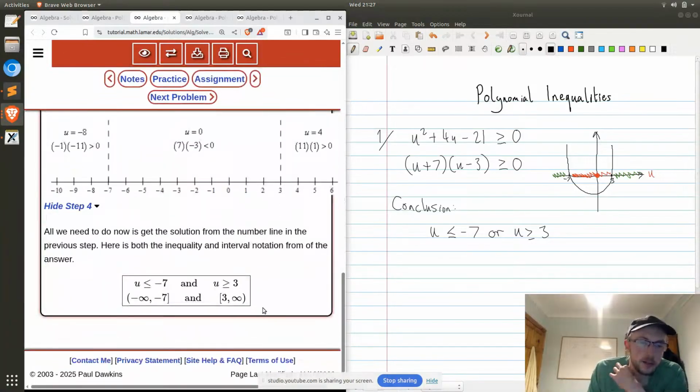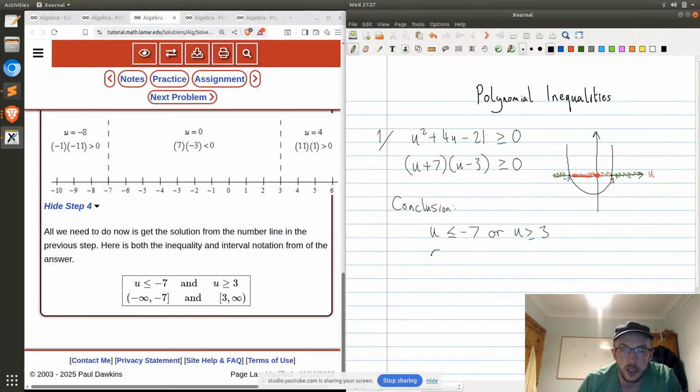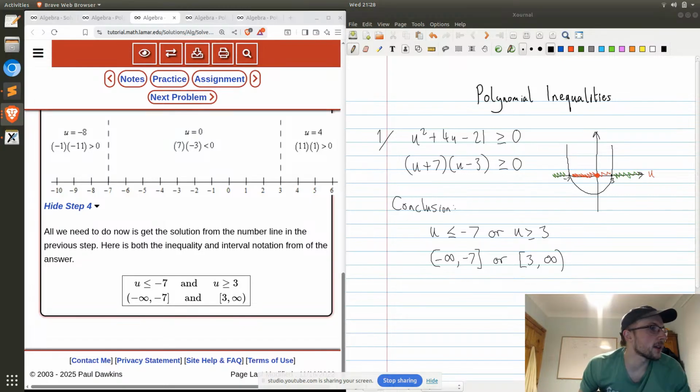And you see that we are correct. But they also want interval notation, I guess. So if you wish, I will put this here. They've used the word and, and I dislike that. And I will use that, and that is good.